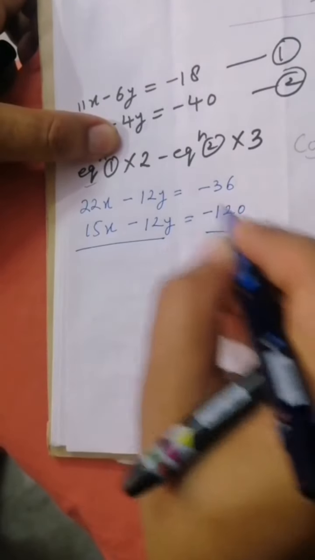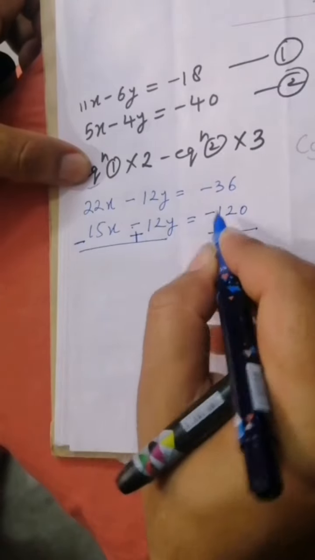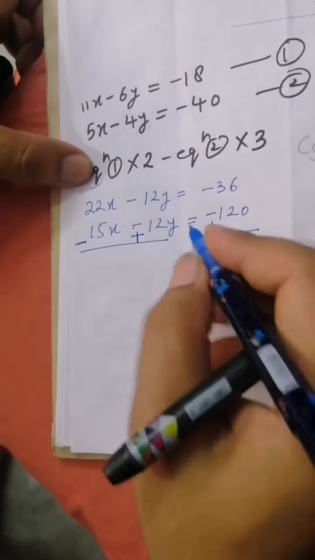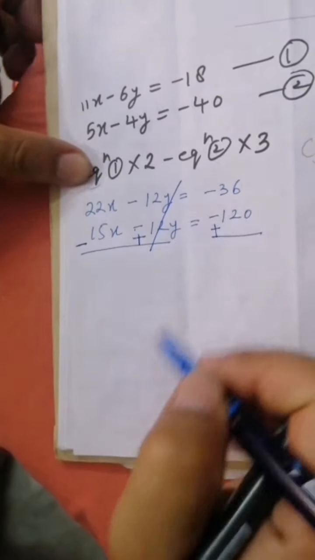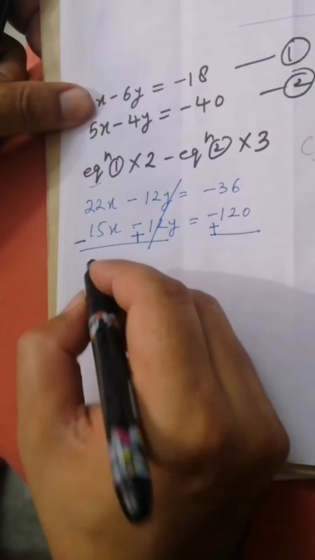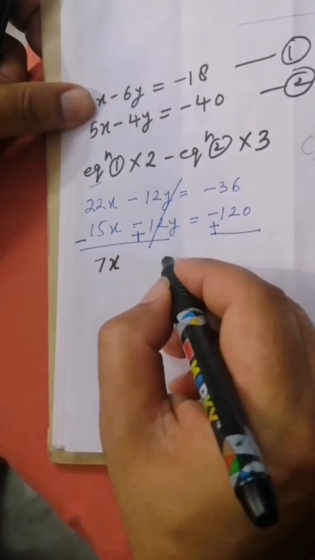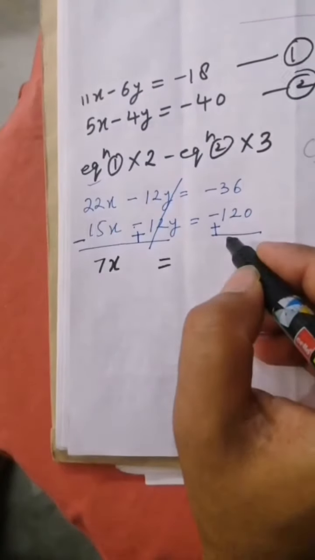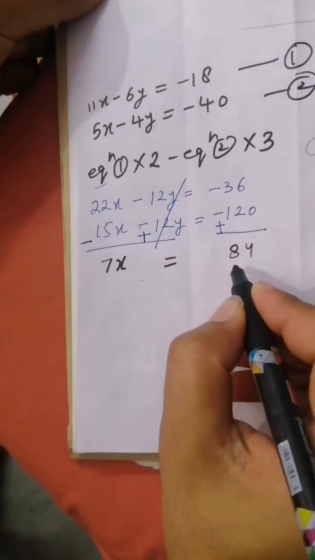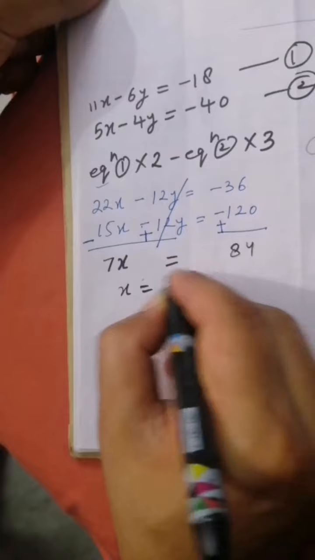Now subtracting, the negative becomes positive. This 12y cancels with this 12y, so the answer will be 22x minus 15x, which is 7x, equals 84, and x equals 12.